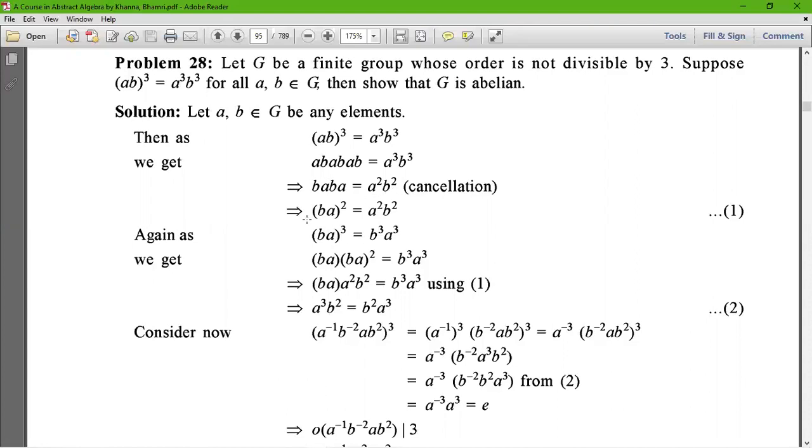Again, we can write (ba)^2 = a^2 b^2, equation 1.